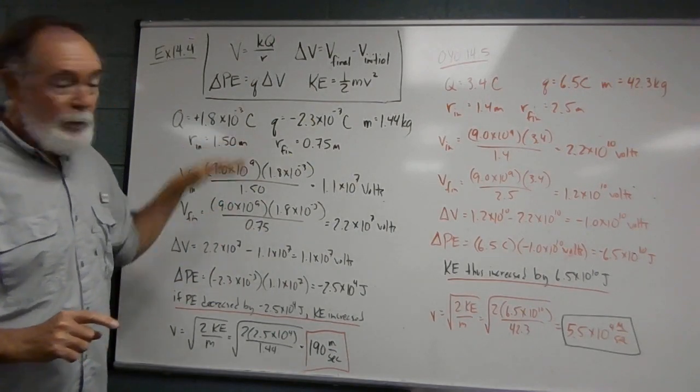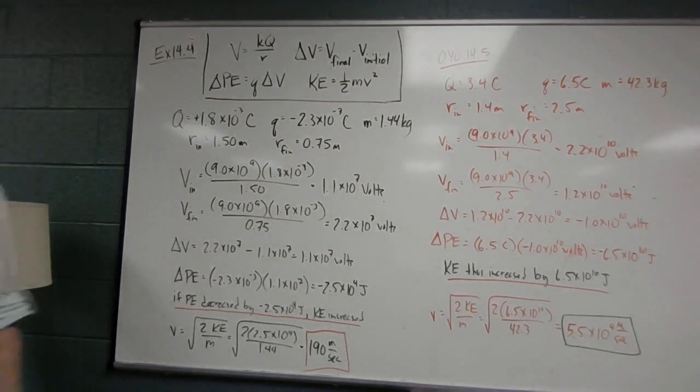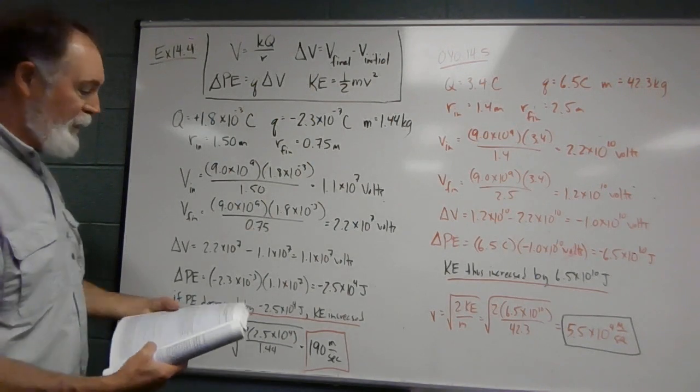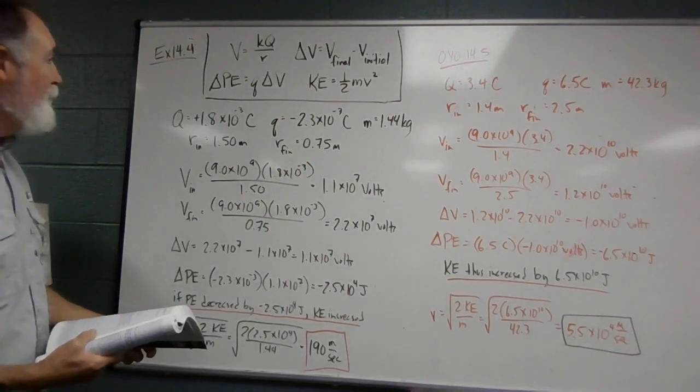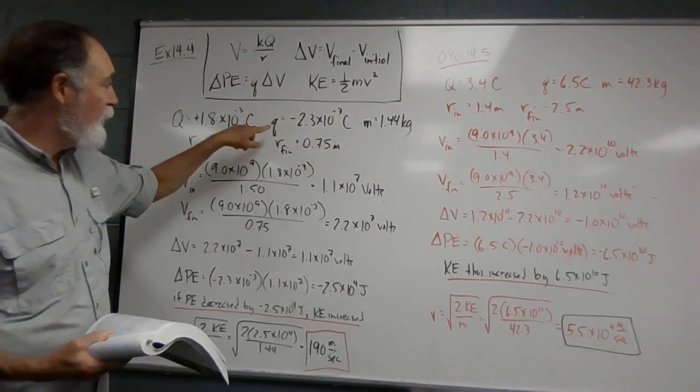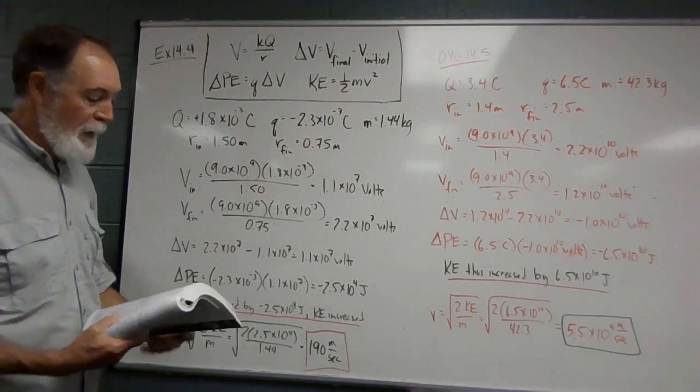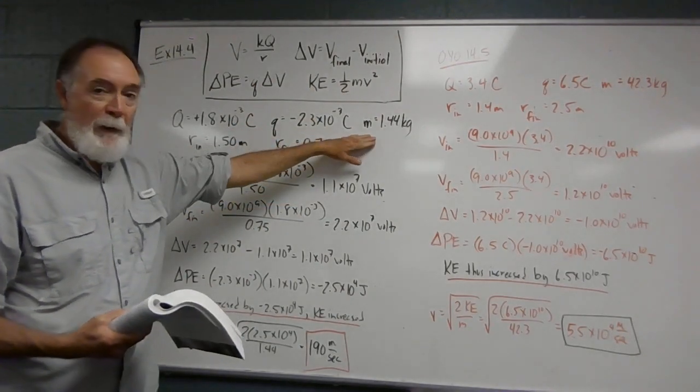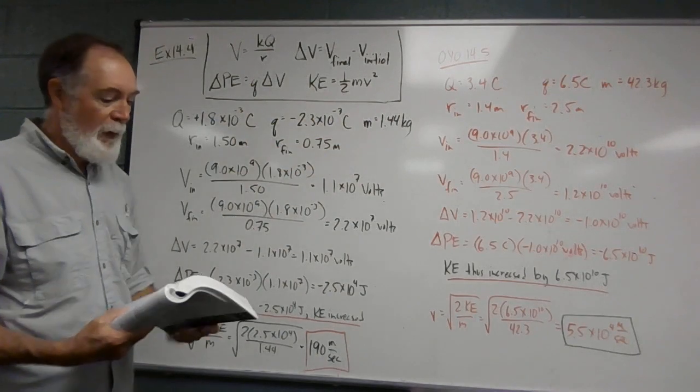But here is our first problem. It's all written up there. In this case, we have a negative 2 microcoulomb charge. Here it is, small q, because this is the one that's moving. And we're given that its mass is 1.44 kilograms.